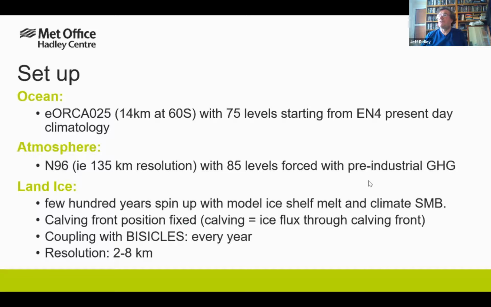So what happens to the model? One test we did in the early stages was to start the model, which has 75 vertical Z levels, from present day climatology, and then with a low resolution atmosphere, we spin the ice sheet up for a few hundred years with the climate that we're about to use, the pre-industrial surface mass balance.